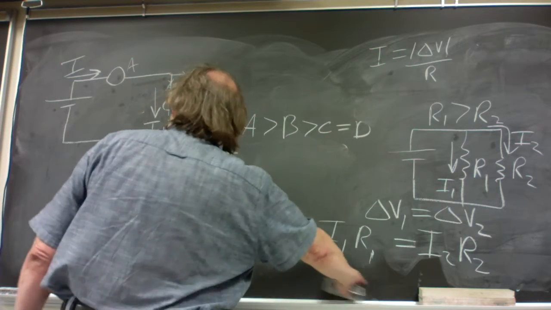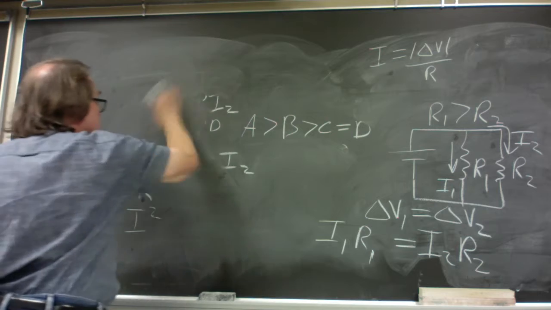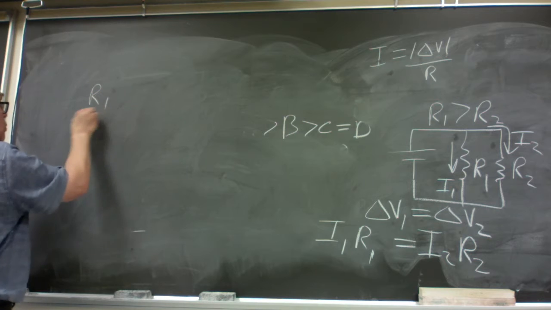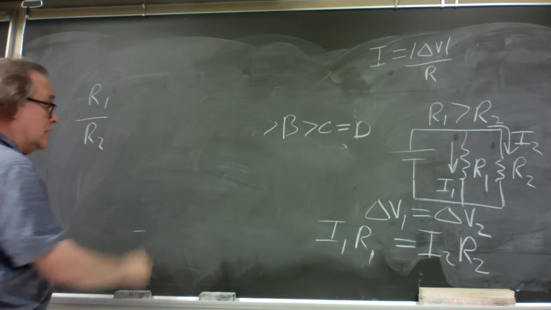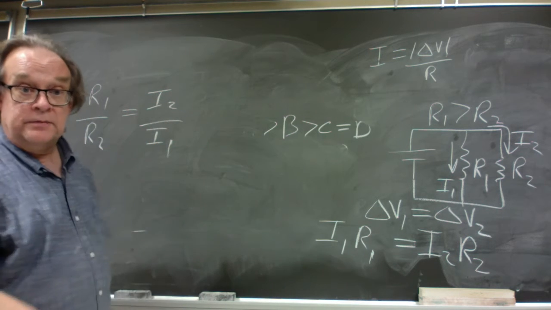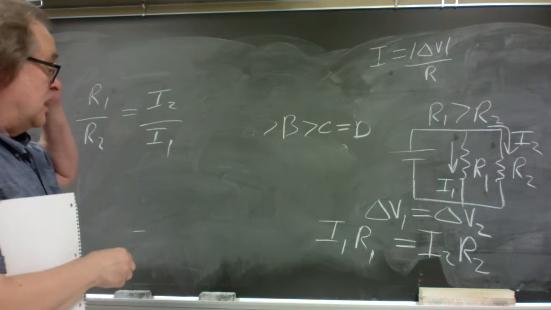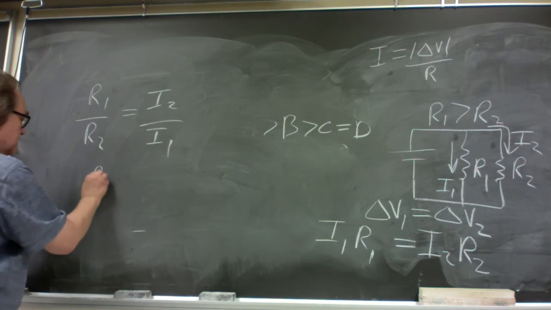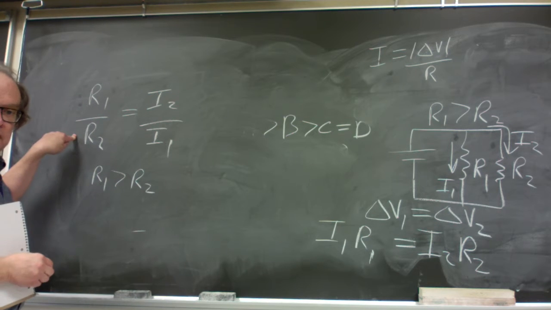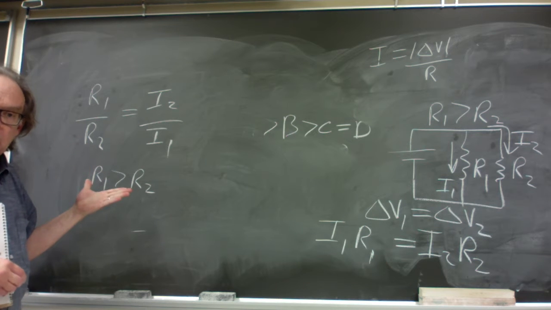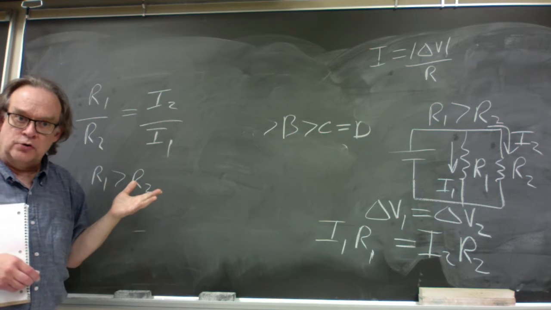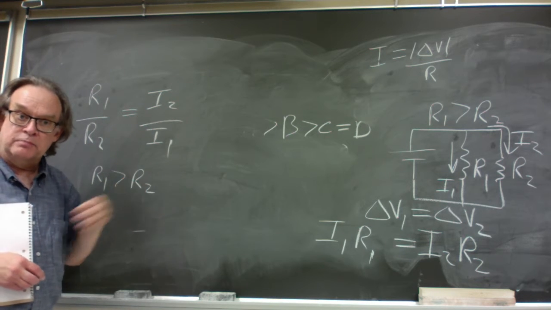So what we are left with is just R1 over R2 on the left-hand side, and then I2 over I1 on the right-hand side. And in this case, R1 was bigger than R2, so this fraction here has to be greater than 1, which means this ratio here has to be greater than 1, which means I2 is bigger than I1.